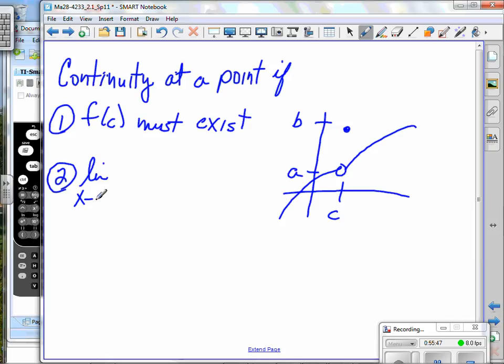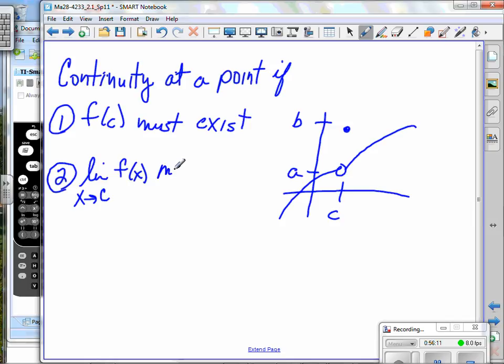The limit as the input approaches what? c, okay? And it has to come from both sides. Okay, that's implied here. The limit of the function as x approaches c, what? There has to be one? Yeah, it has to exist.